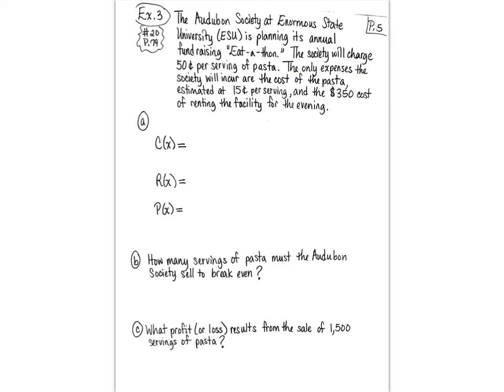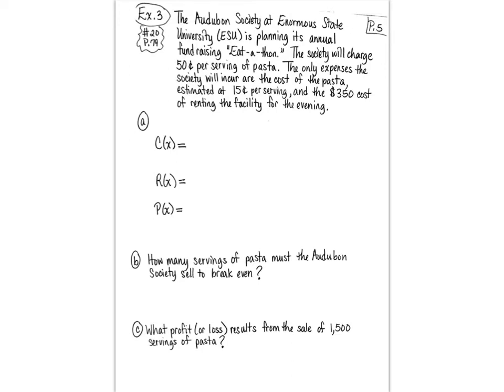The only expenses the society will incur are the cost of the pasta, estimated at 15 cents per serving, and the $350 cost of renting the facility for the evening. Okay, so in this first part, we are asked to find C of X, which is our cost function, R of X, which is our revenue, and P of X, which is our profit.